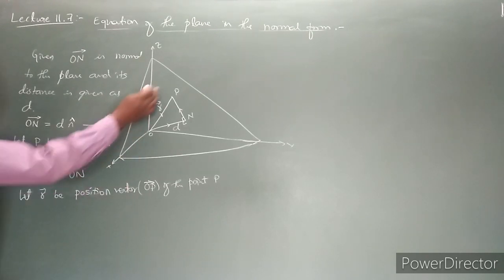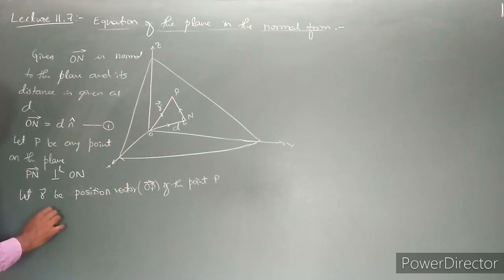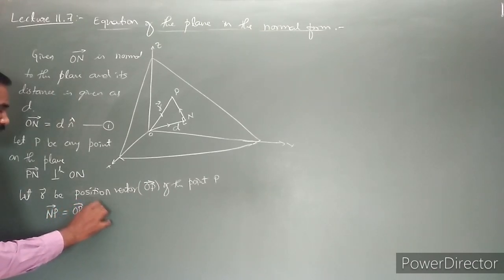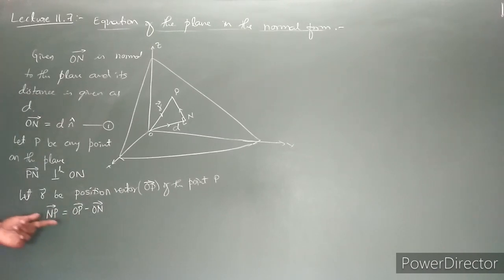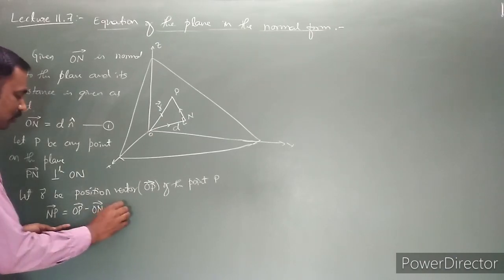Now we need the NP. So what can we write for the NP value? NP vector can be written as OP vector minus ON vector. Are you clear? NP vector is equal to OP minus ON.